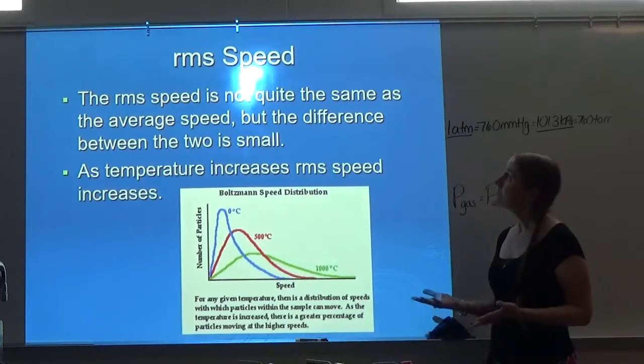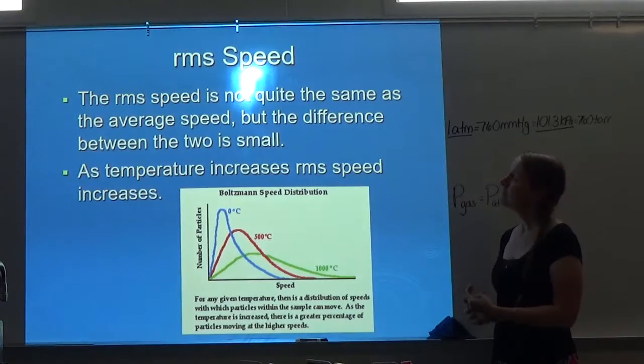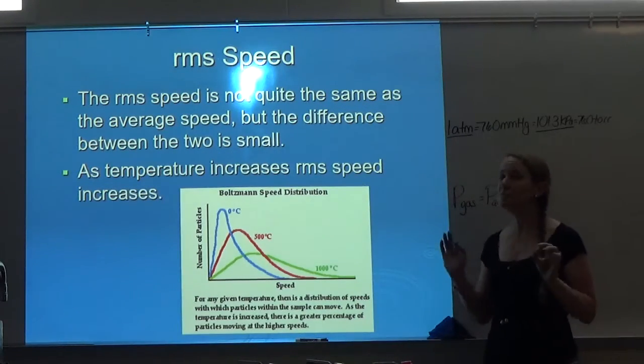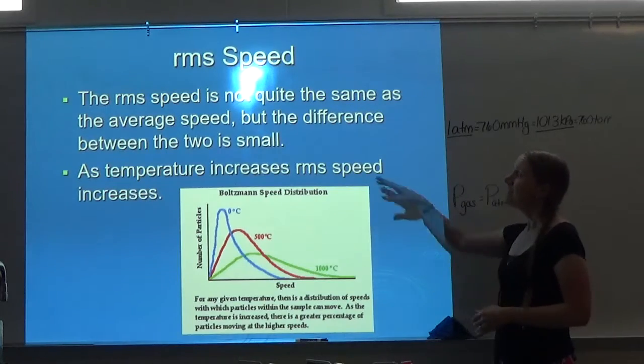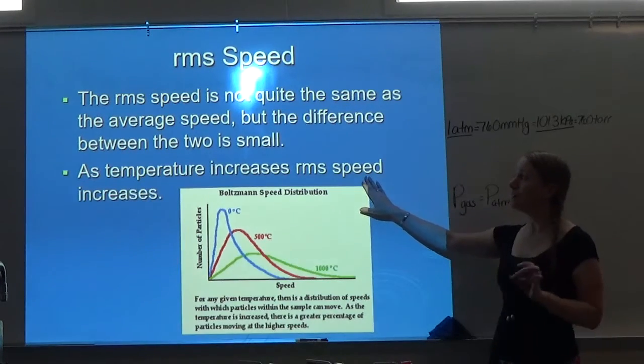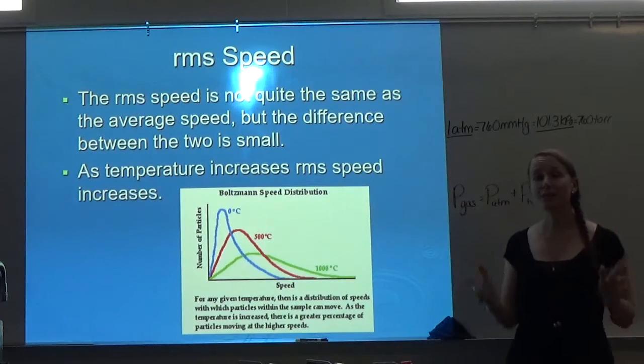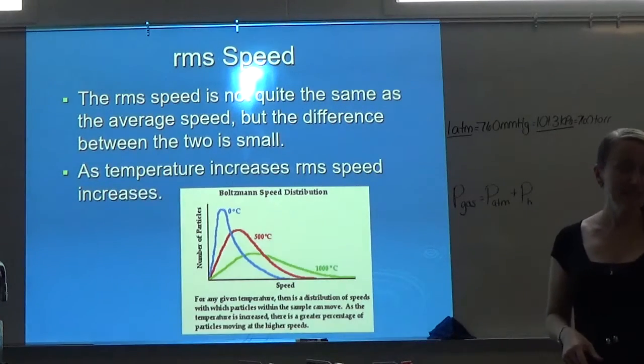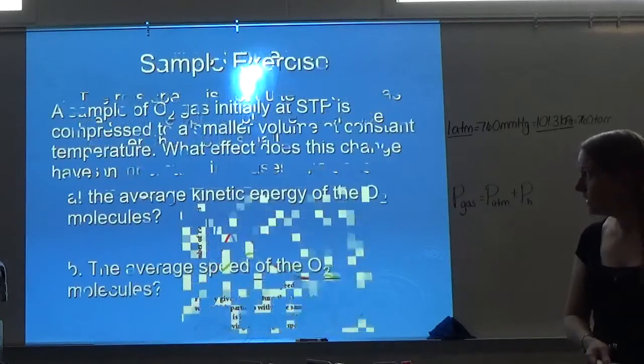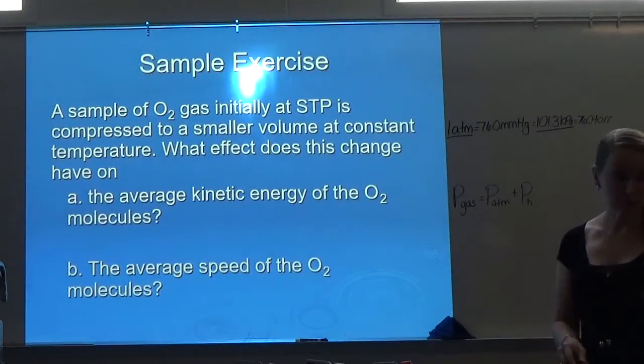So the RMS speed is not quite the same as average speed, but the difference between the two is very small. So as temperature increases, RMS speed increases. So the important thing to remember is that the speed of the particles is based on the temperature. Okay, it's based on the temperature.